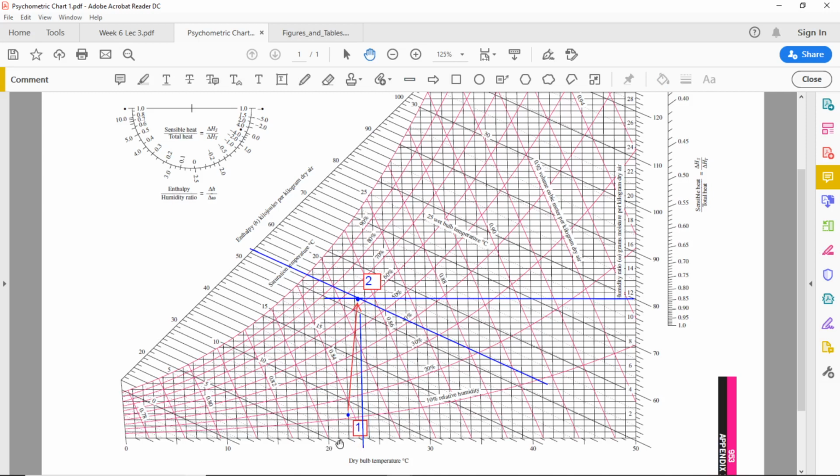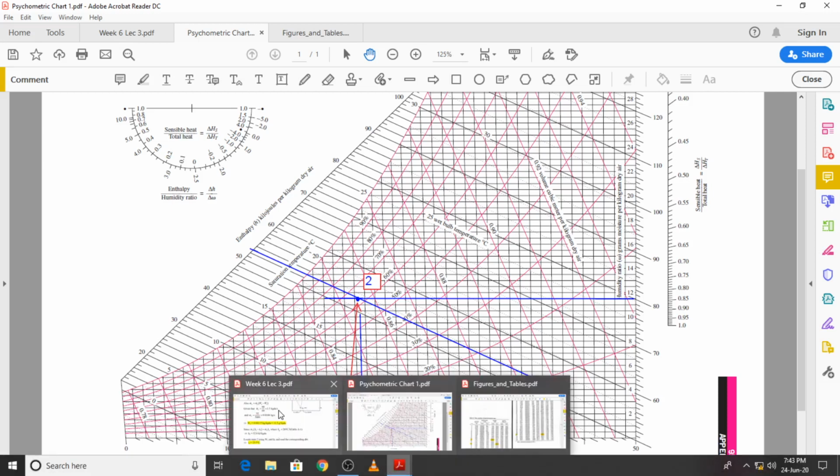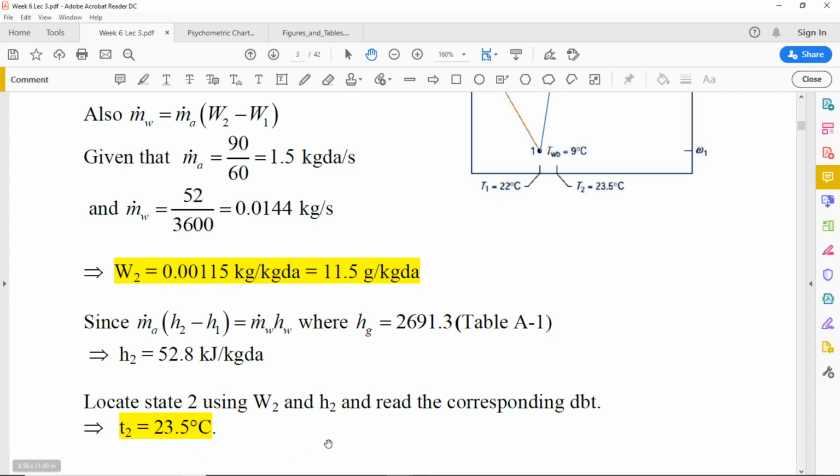If this is 20, this will be 21, 22, 23, roughly 23.5 degrees C, and that is the dry bulb temperature which we have over here. So that's one way of solving the problem, just by using the equations.